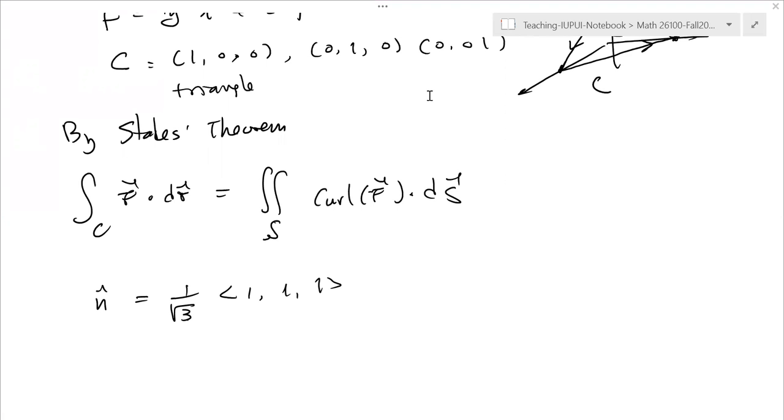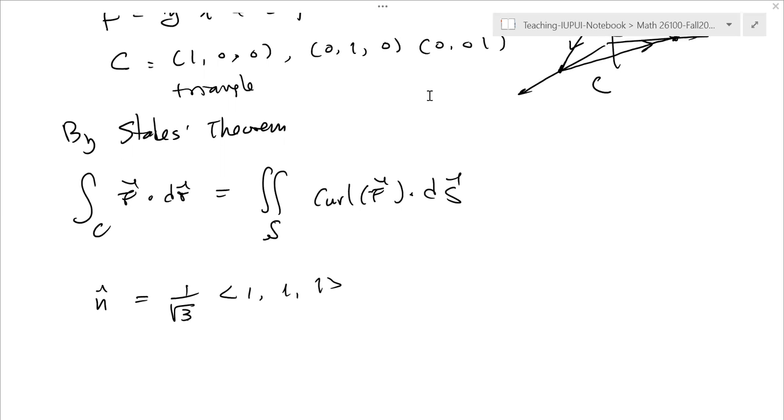You should look at the statement of Stokes' theorem. Stokes' theorem is used for a closed curve, not a closed surface. It says there's a closed curve, and one side is a line integral while the other side is the surface integral.